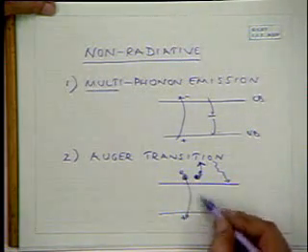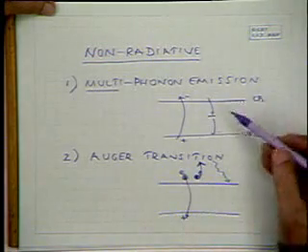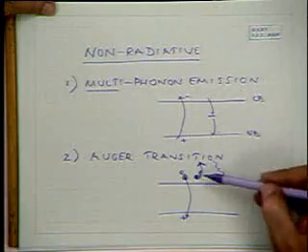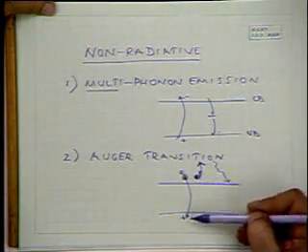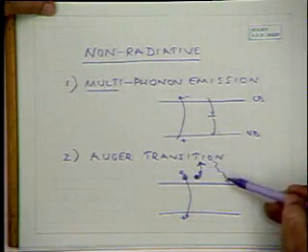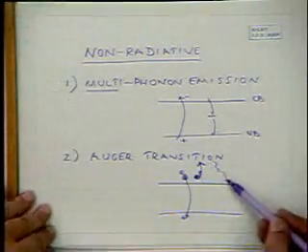So in both these cases, there is no light emission, but instead the energy is conveyed directly to phonons, lattice vibrations in one case, and in the other case, the excess energy is given to another carrier, either an electron or a hole, and finally dissipated as in the case of phonon emission.